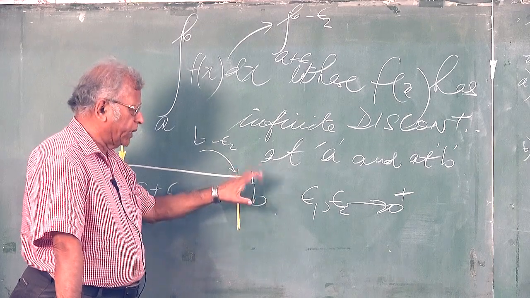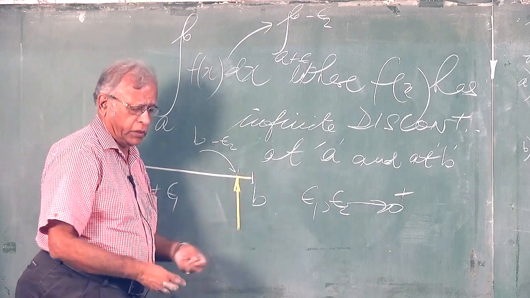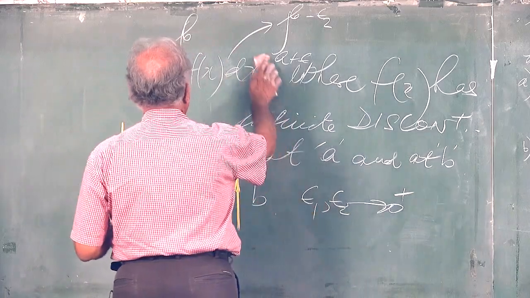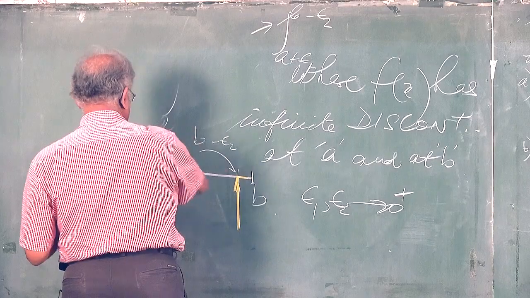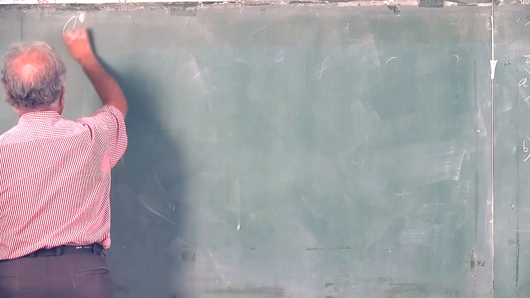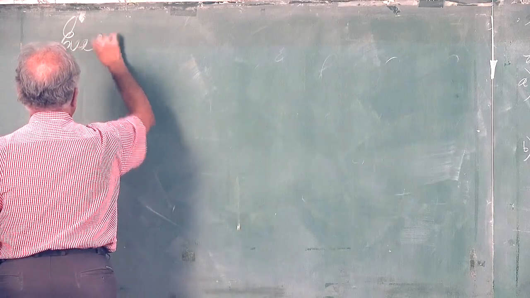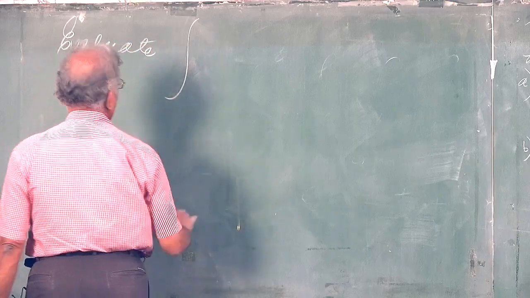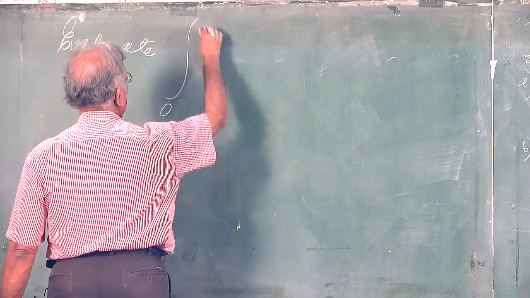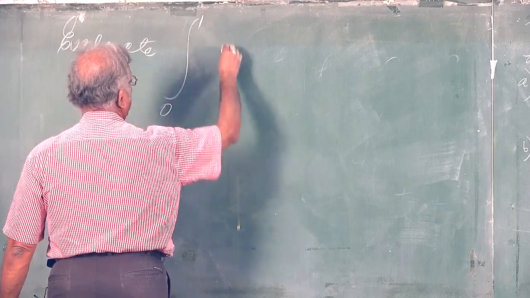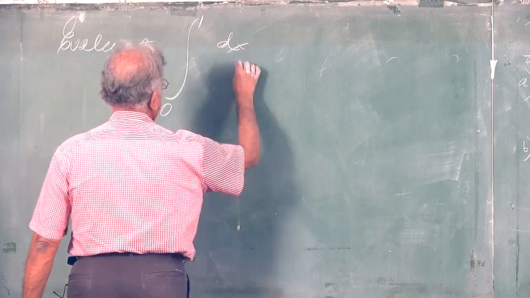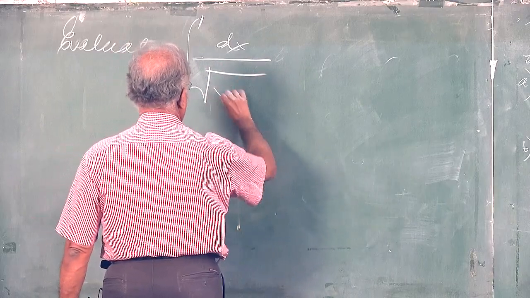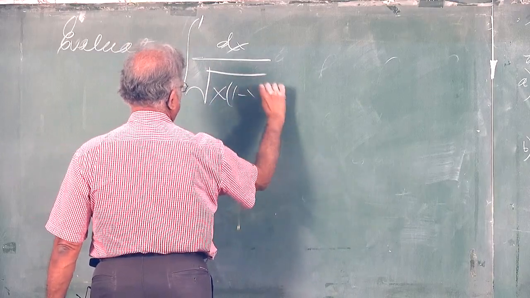I will put up a very simple problem on the board and see how to evaluate it. So we rub out everything and take up an example. Evaluate the integral from 0 to 1 of dx over the square root of x into 1 minus x.